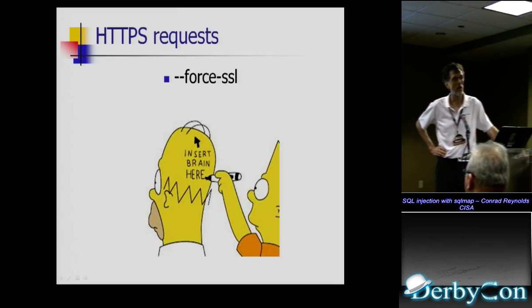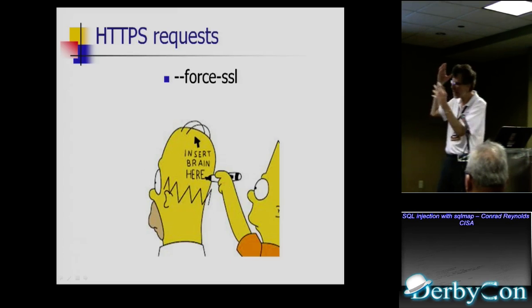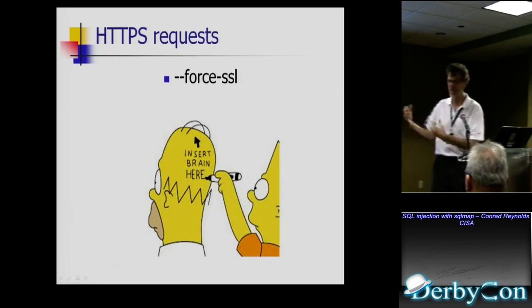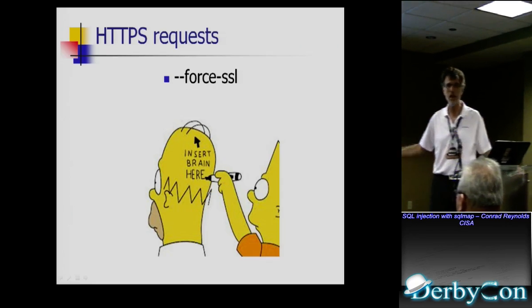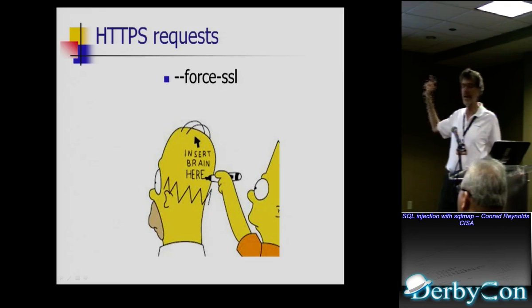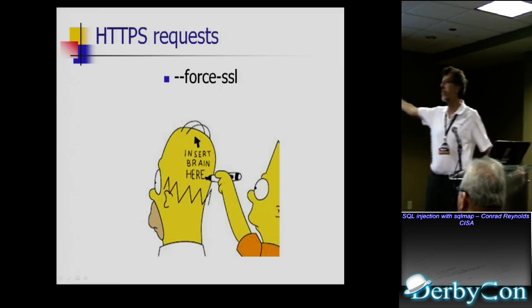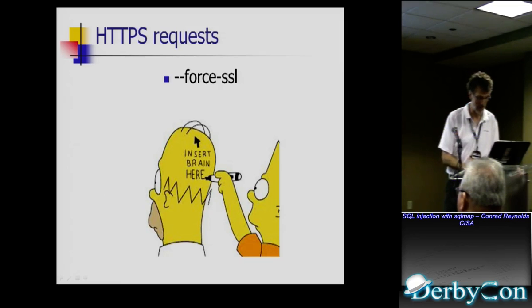And you'll just sit there for about 15 minutes not understanding why in the world this isn't working, because you typed it right into the browser and it worked. Why is it not working with Sqlmap? It worked yesterday. What's going on here? And you'll feel exactly like that. Insert your brain here. So when you get started, I can't emphasize this one enough. If you're going to write anything down from my talk today, write down --force-ssl. Remember that one.